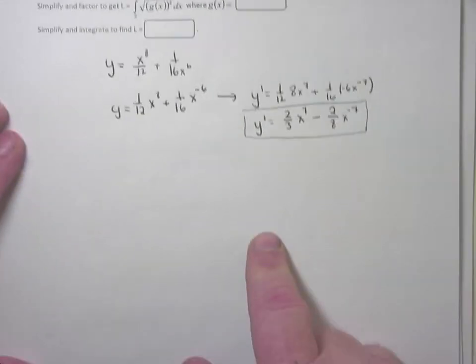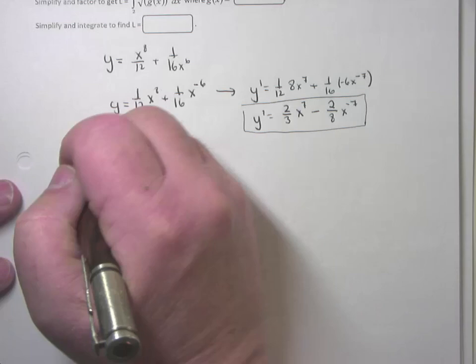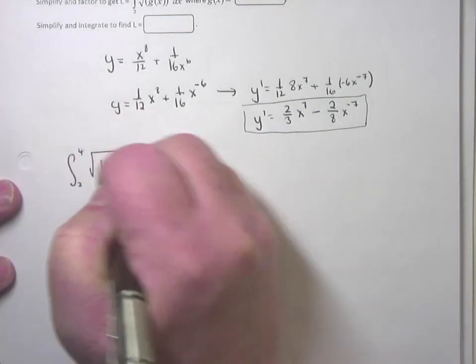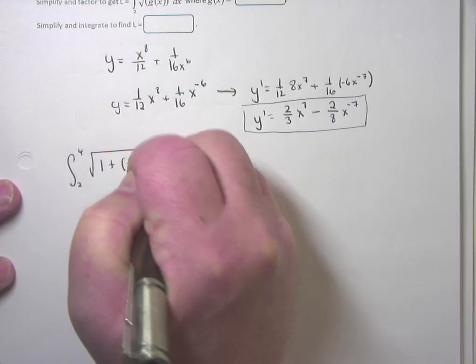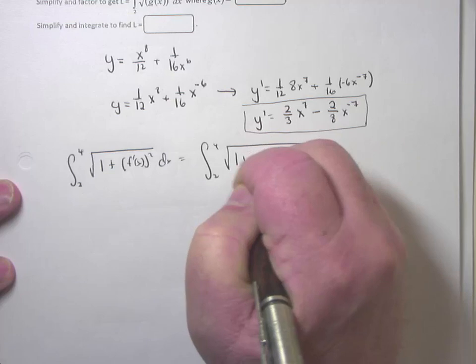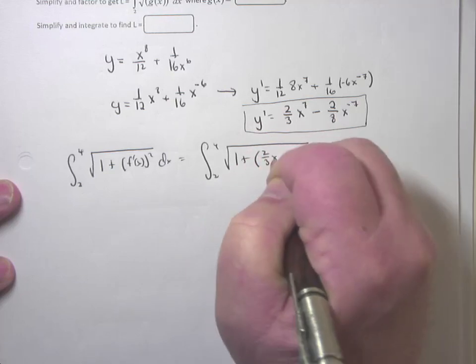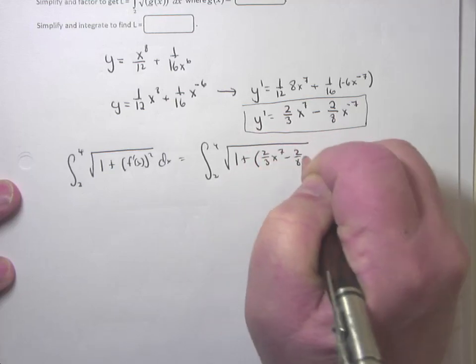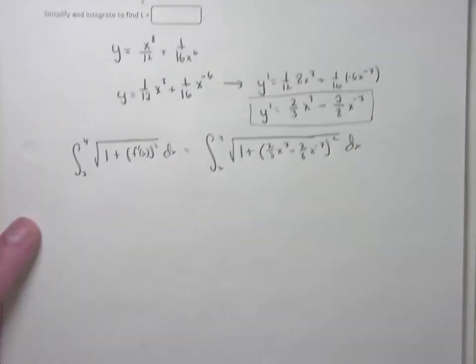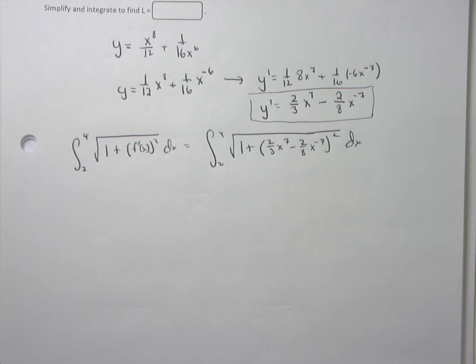So let's go over here and type it in. So this becomes the integral from 2 to 4 of the square root of 1 plus my derivative squared dx. That'll be the integral from 2 to 4 of the square root of 1 plus my derivative, 2/3 x to the 7th minus 2/8 x to the negative 7th, squared dx. So what I'm talking about here is cleaning up inside this parentheses.